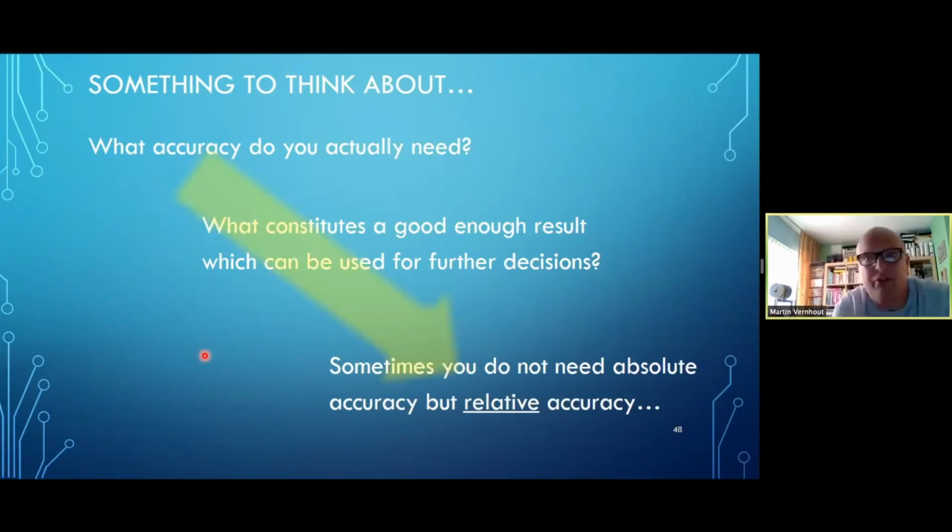Right now, I've talked about accuracy a couple of times, and I think it's more important to understand what it actually means. So what do you actually need for your measurements to become good enough so you can make decisions on it? What constitutes a good enough result? Sometimes you do not need an absolute accuracy, but relative accuracy.